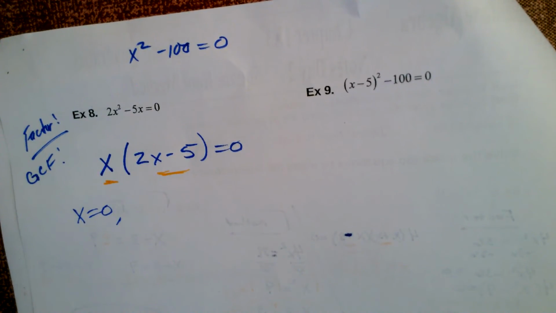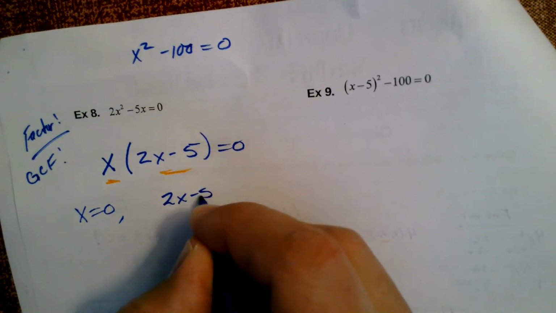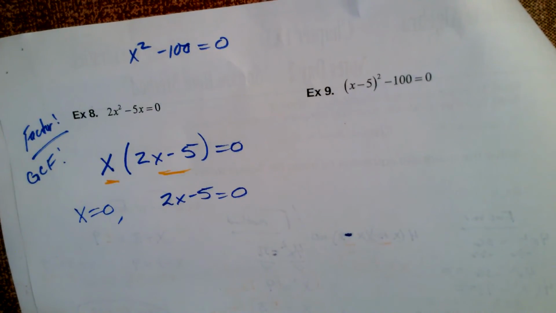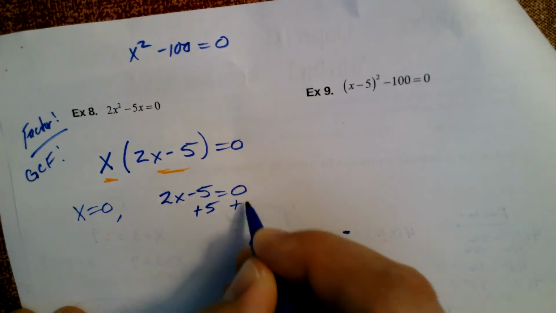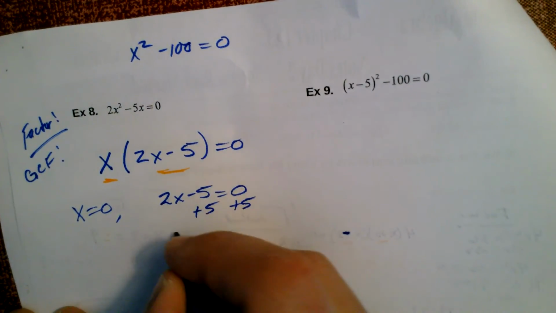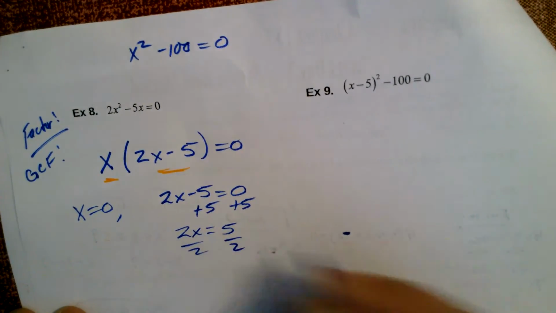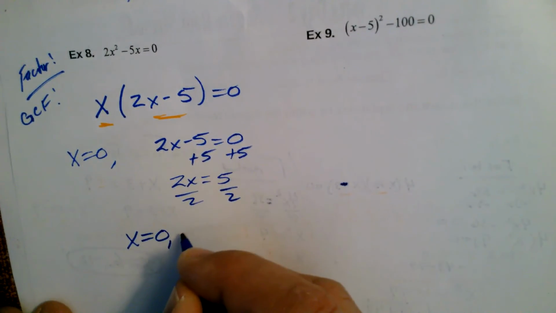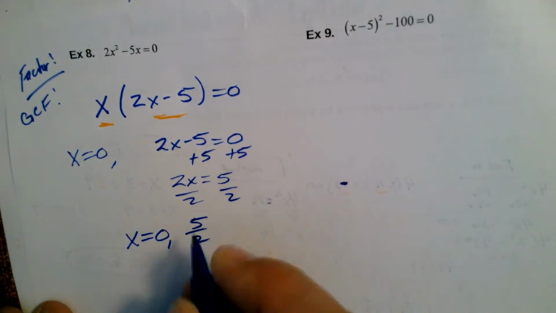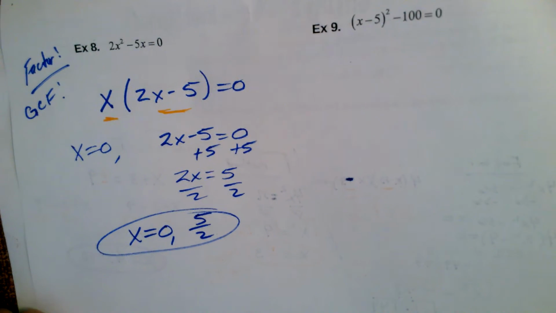And then we have 2x minus 5 equals 0. Some of you guys are really smart and can answer this. I'm going to show the work so you can see it. I'm going to add the 5 over. I get 2x equals 5, and then we're going to divide by 2. So final answer, we get 0 comma 5 halves, or 5 over 2. Okay, so not too bad.